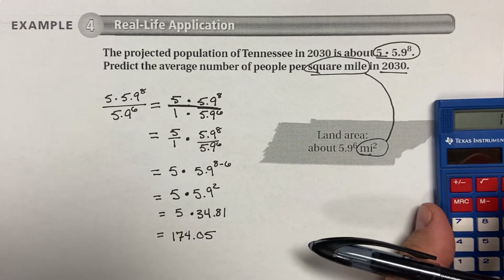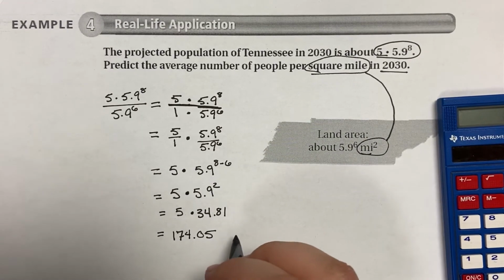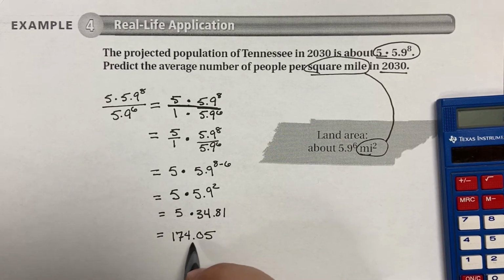And there's our answer. So we expect 174.05 people per square mile.